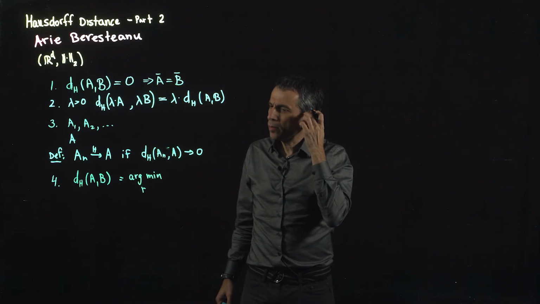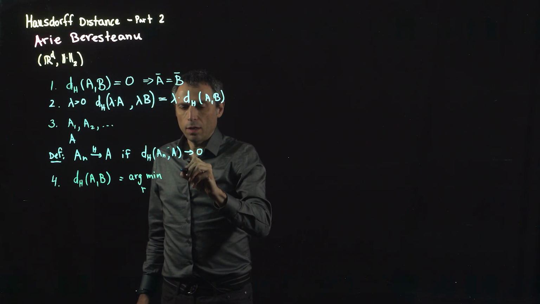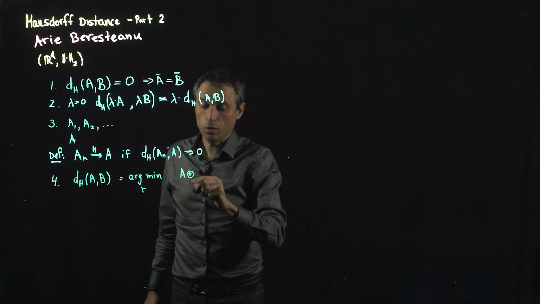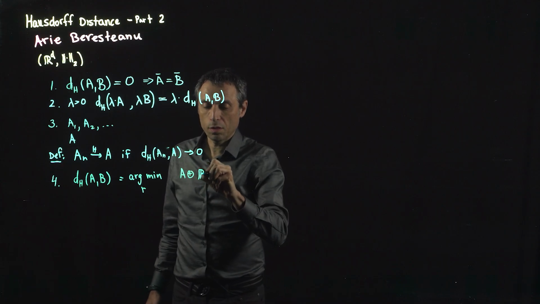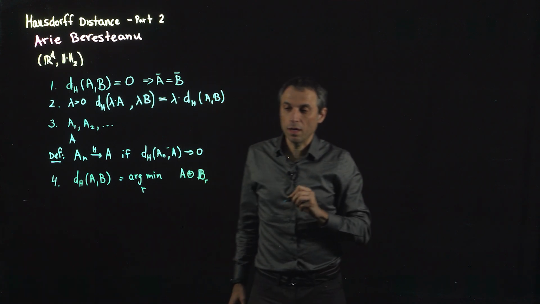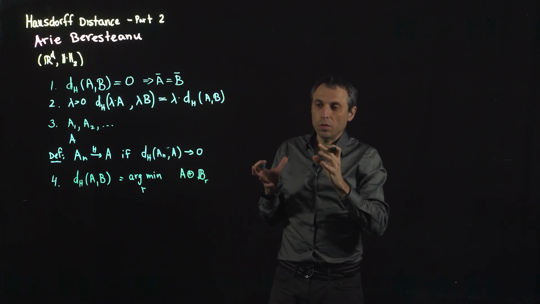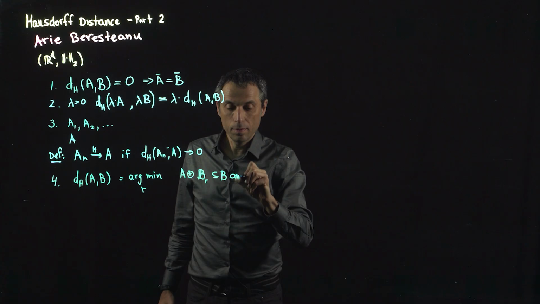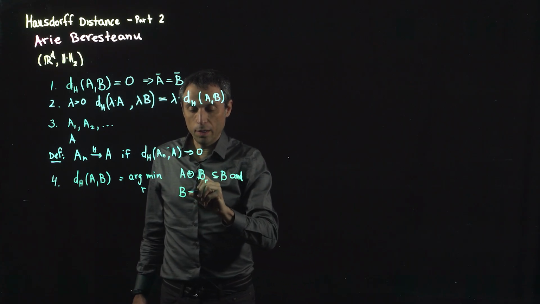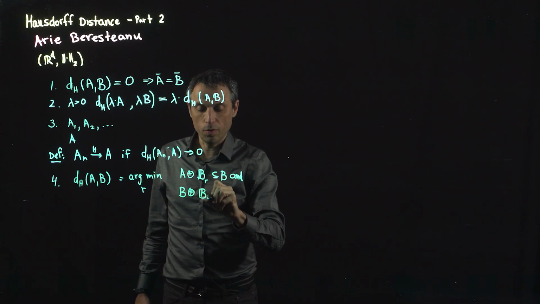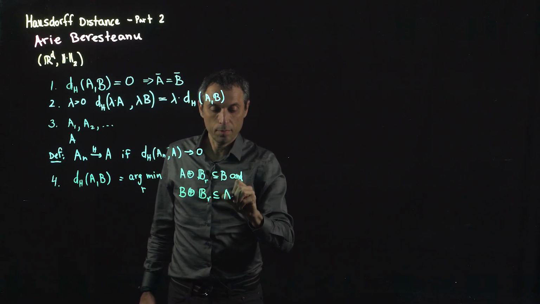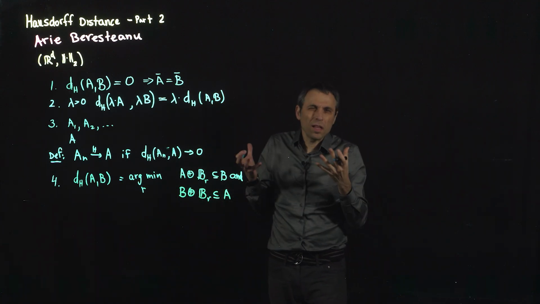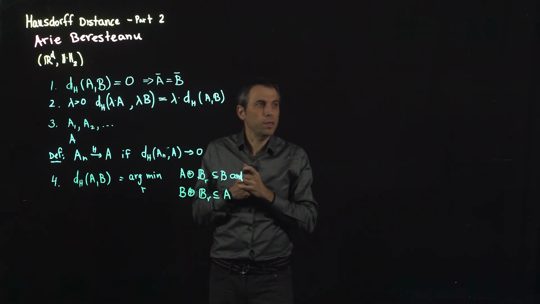It's going to be a positive one, such that if we take the set A and add to it, the Minkowski sum, a ball, and I'm going to use this script B sub r, which is the ball centered at the origin with a radius r, it will be contained in the set B, and also, if we take B and add to it this script B, which is a ball of radius r, it is contained in A. Find me the smallest radius, and it will be equal to the Hausdorff distance between A and B. That's another way to think about what the Hausdorff distance is.